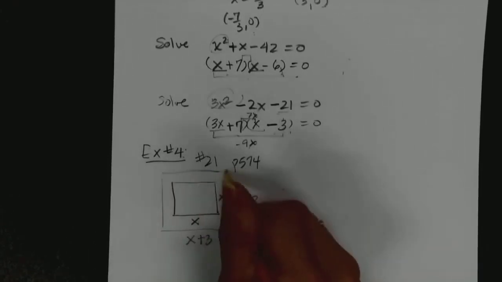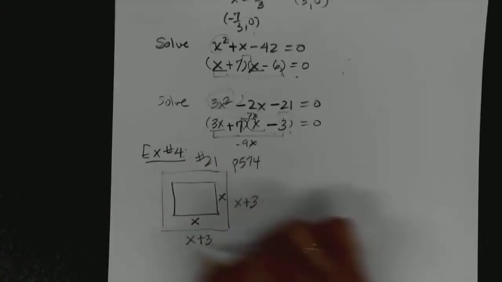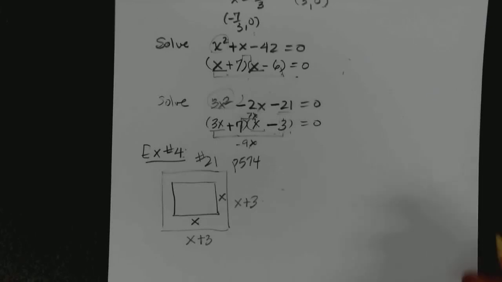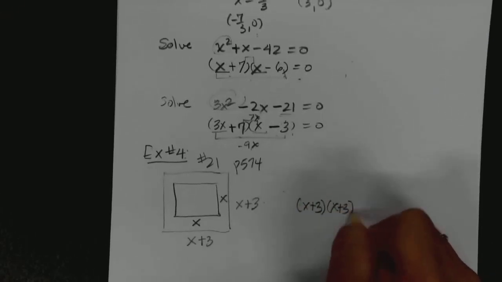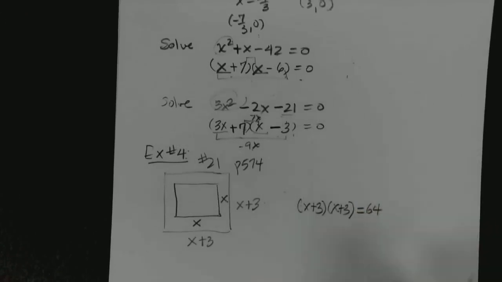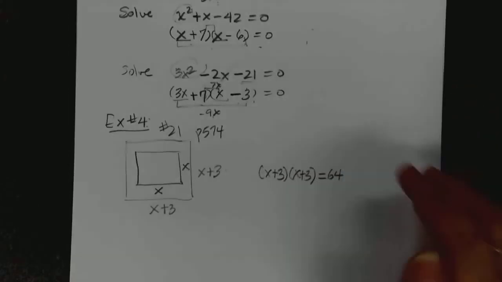The area of the big square is 64. So how do I find the area of a square? Length times width. So x plus 3 times x plus 3 should equal 64, because the area is 64. That's how you set this up.